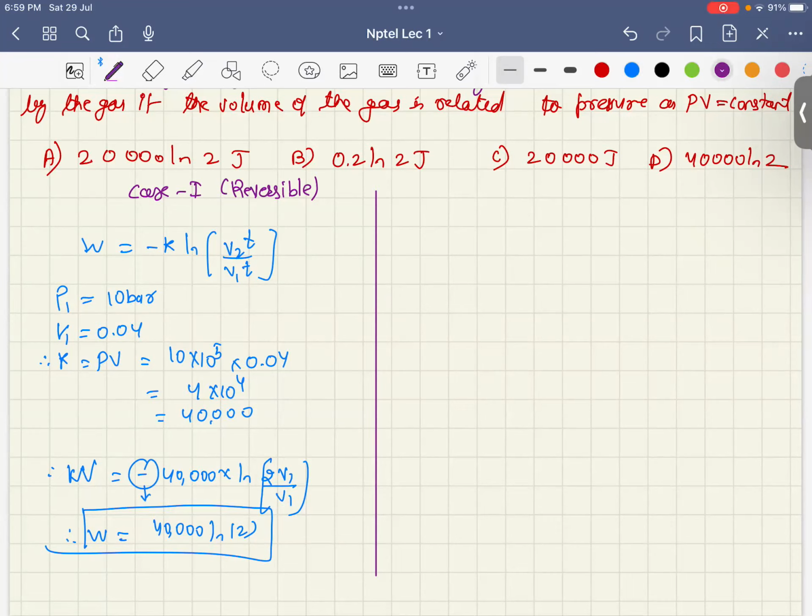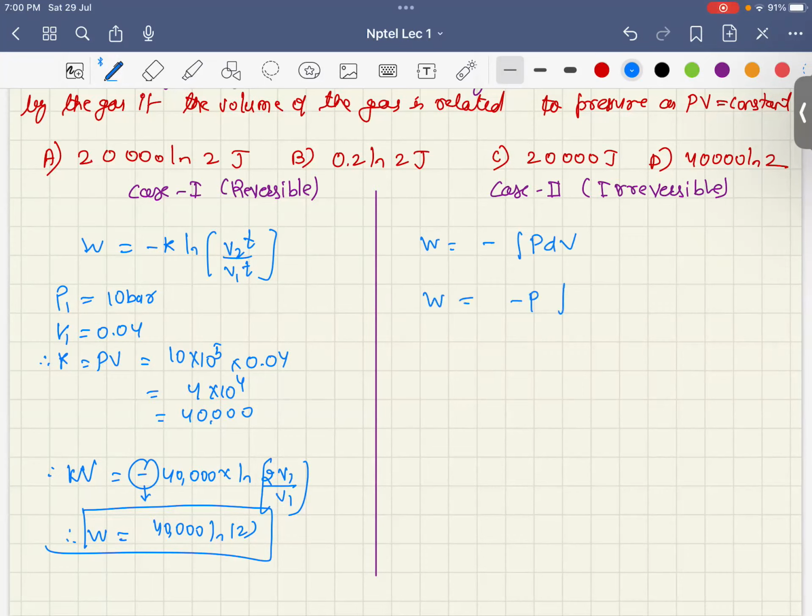Now for this case 2, which is irreversible. In that case, W is going to be minus integral PdV, which is the what?